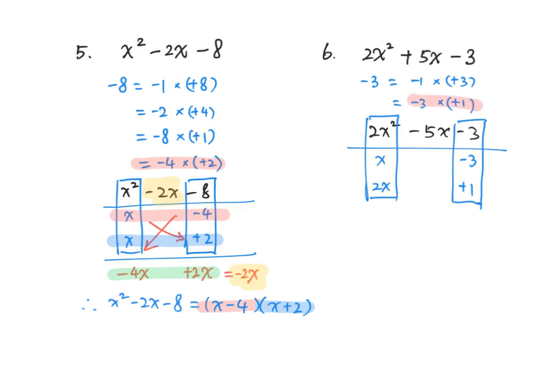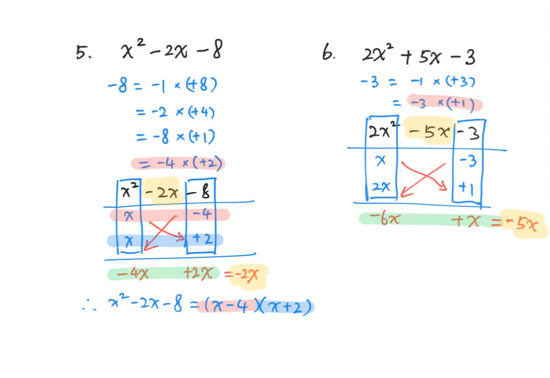We try the second way first. So negative 3 times 2x equals negative 6x, and x times positive 1 equals positive x. We add up these two terms, which equals negative 5x, exactly the same as the middle term.